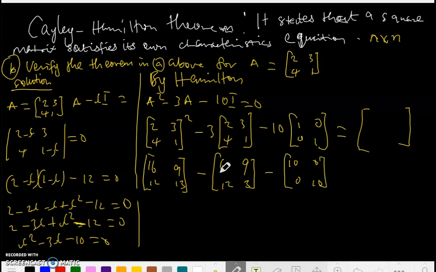So let's check if indeed this matrix will be equal to 0. 16 minus 6 will be 10. 9 minus 9 is 0. 12 minus 12 is 0. 13 minus 3, let's just confirm that. Yes, 13 minus 3 is 10. So this is what we have, and minus 10, 0, 0, 10.